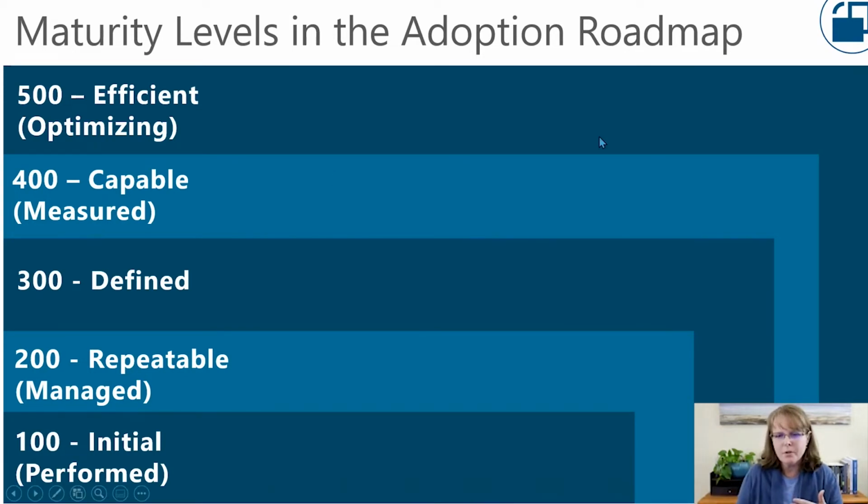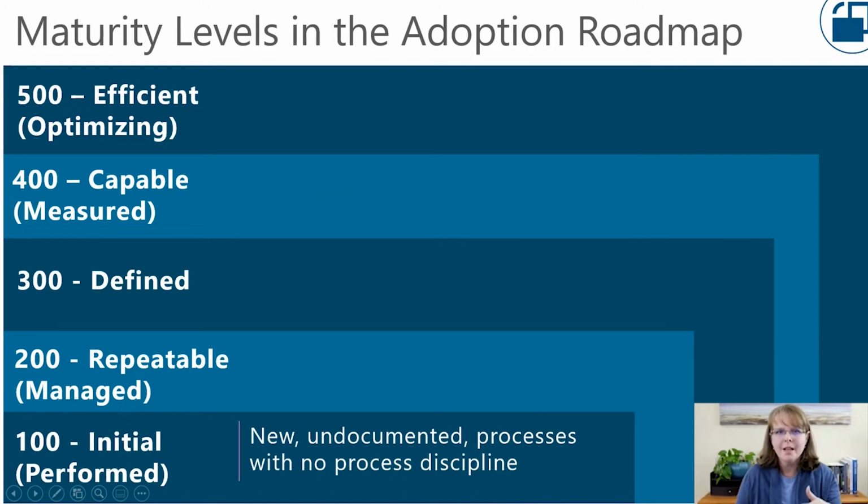So very, very briefly, if we start at the bottom, level 100, that's our starting point. And either things are brand new or they're just informally handled. And good things can happen. The problem with this is that they're just reliant on judgment and experience of individual people.